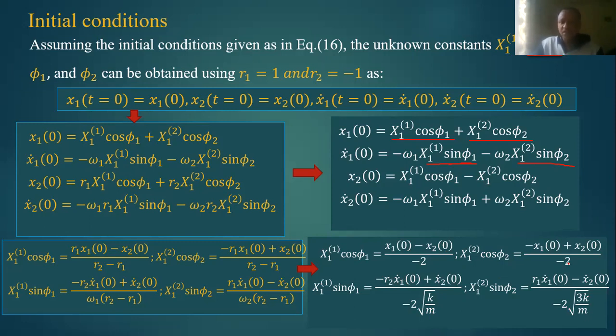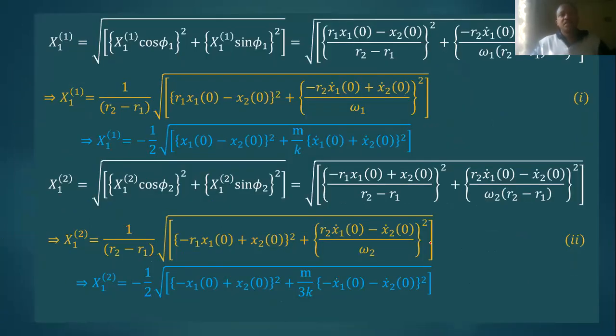Substituting this, we can get this equation. Finally, taking these equations for x1, 1 over 2 means minus 2, so minus 2. So we are just substituting the values.